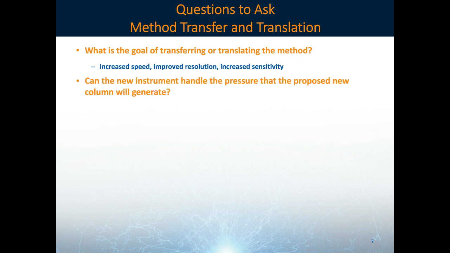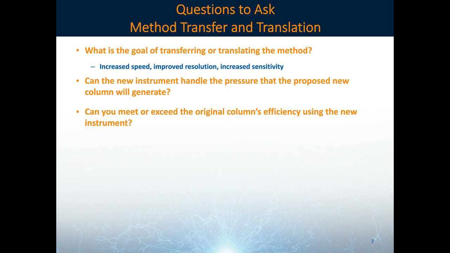So we've talked about different particle morphologies, but we also need to consider the instrument parameters. So for instance, can the new instrument handle the pressure that the proposed new column will generate? And that would be when you're going from, say, a 5 or a 3 micron to a 2 micron SPP column.